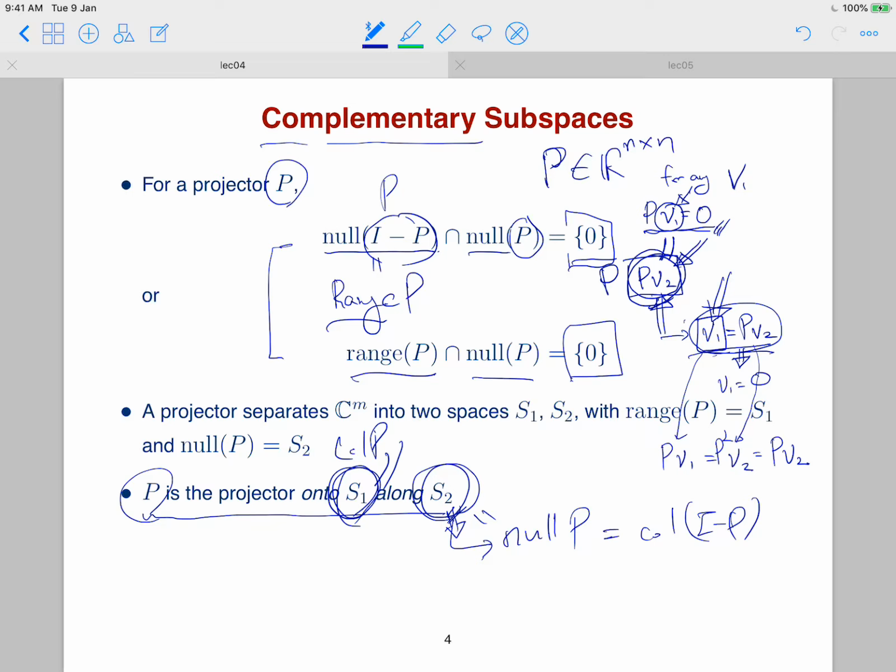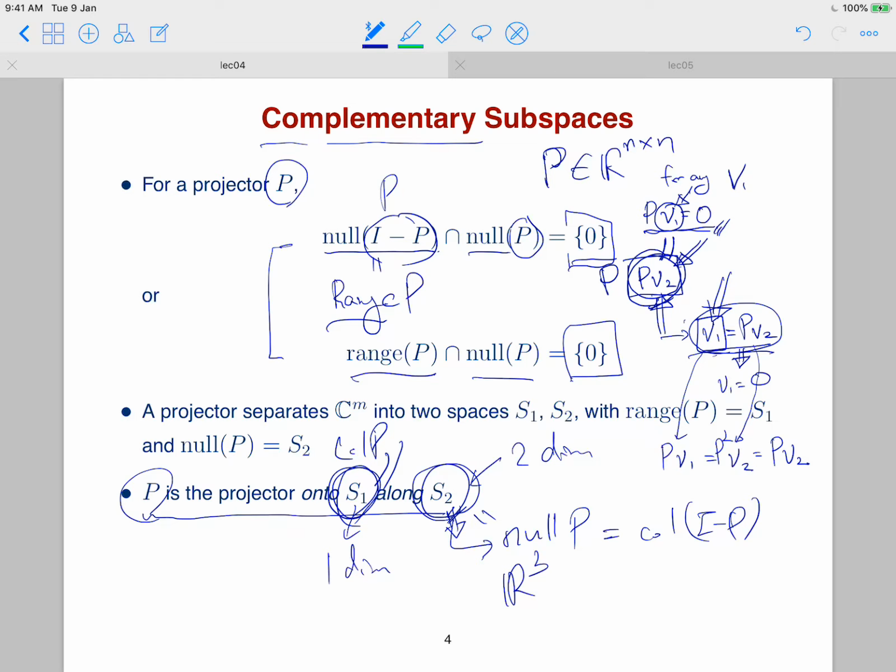You can think of it in the following manner. S1 and S2 don't need to be a single line. Suppose this is a one-dimensional space and this is a two-dimensional space in our three-dimensional space, because they should cover the entire space.